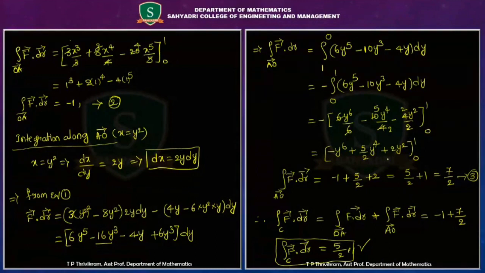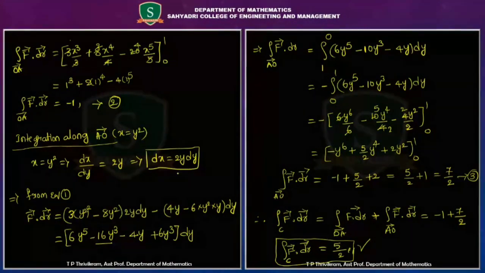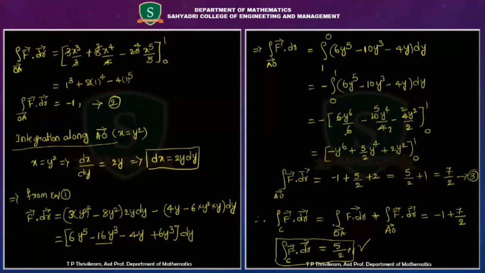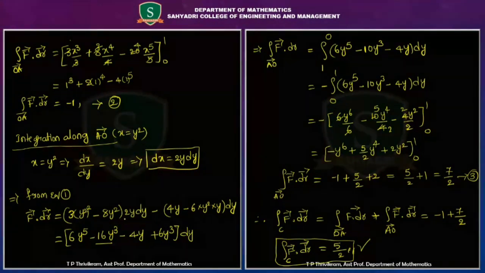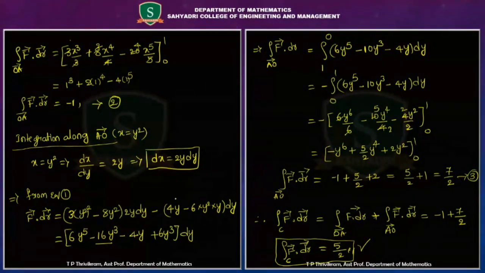On the left side, in equation 1. Plus it is there in the question. After 2y dy, it must be plus. So you'll get plus here, minus.